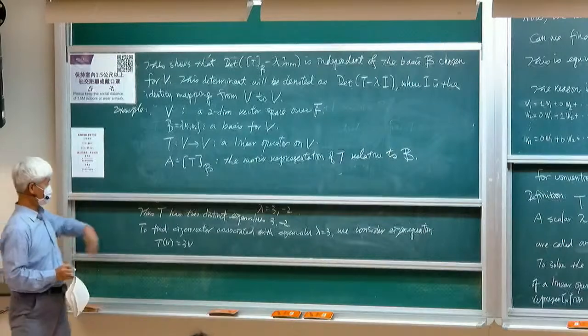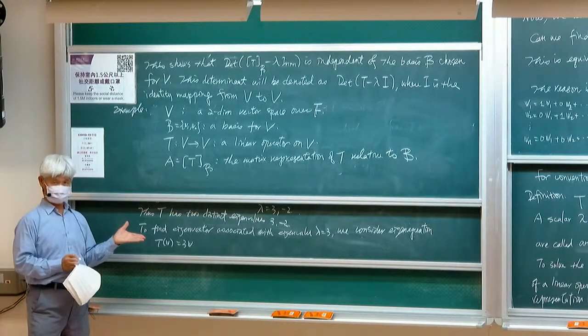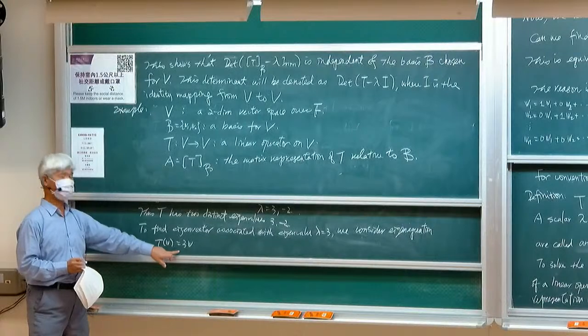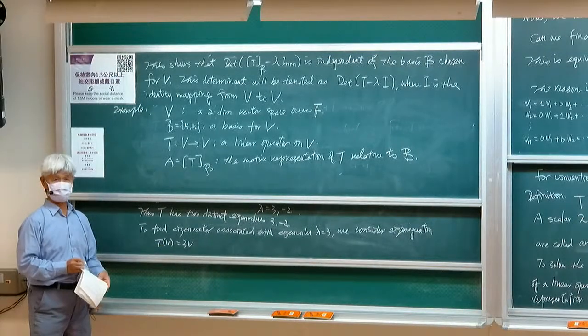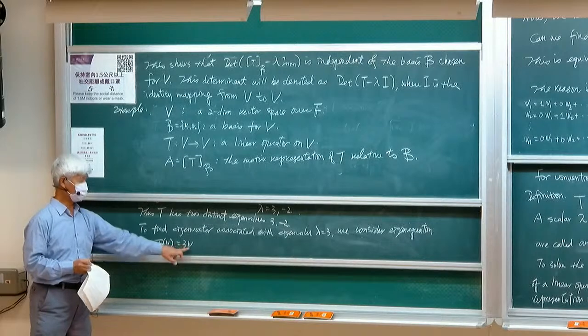So we first find eigenvectors associated with eigenvalue 3. So we have this eigen equation, and only one unknown, which is just V.